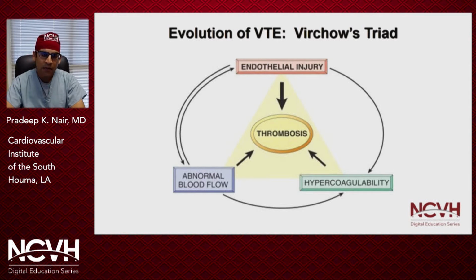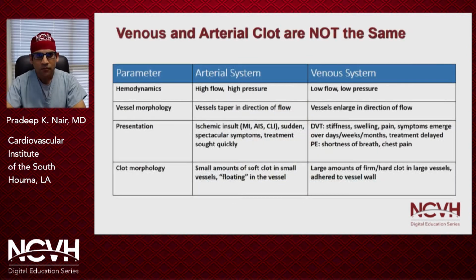If you fast forward again, in his honor, we then understood Virchow's triad, which is essentially how thrombosis originates. And we need to have this triad of endothelial injury, hypercoagulability, and abnormal blood flow to get thrombosis.